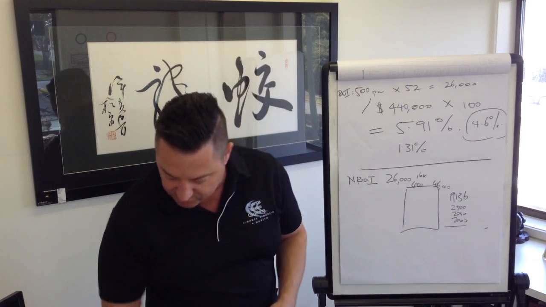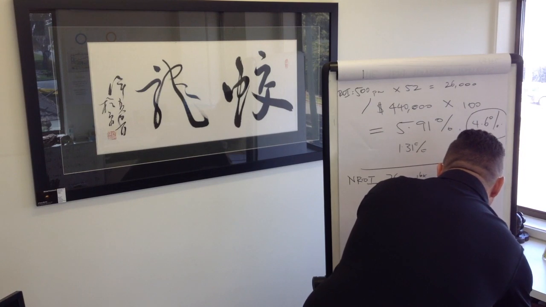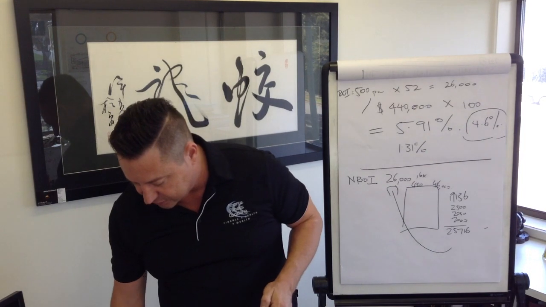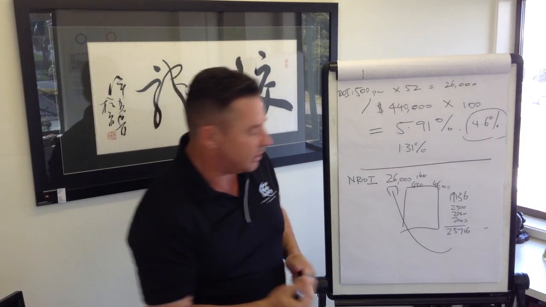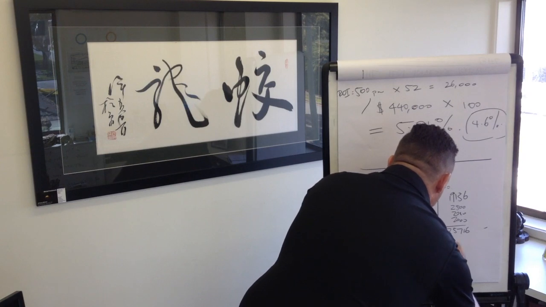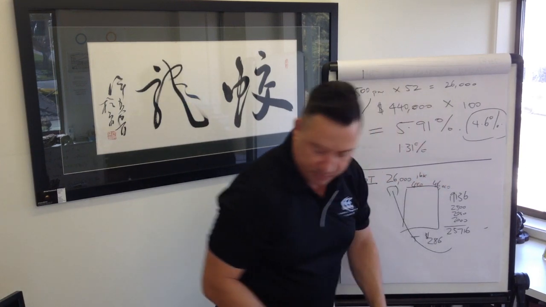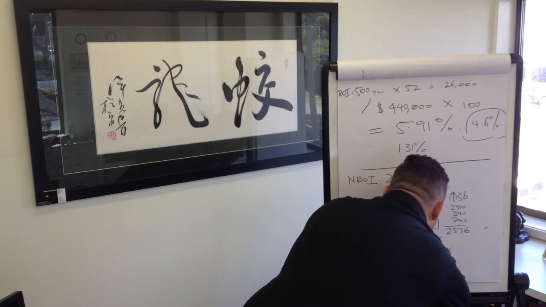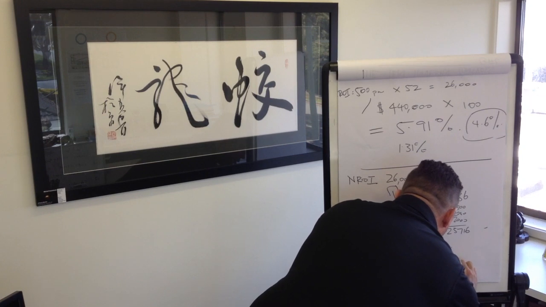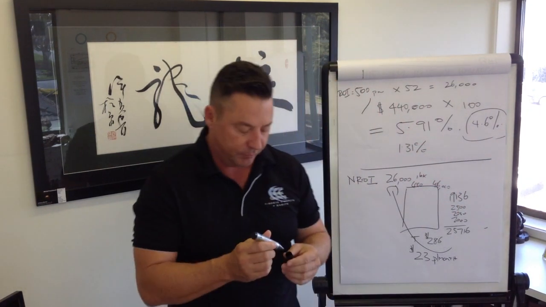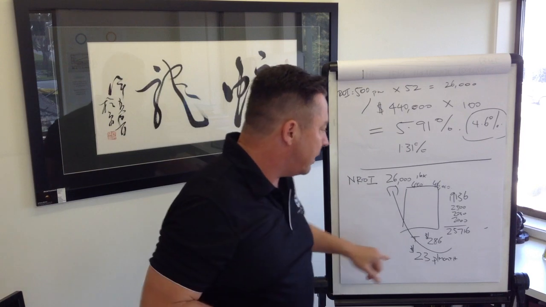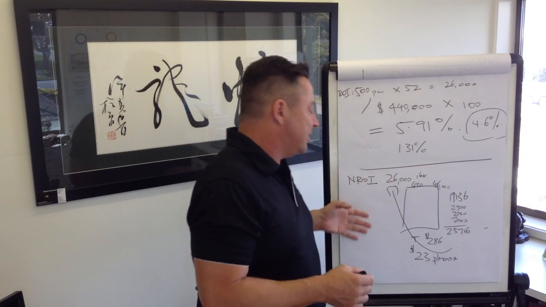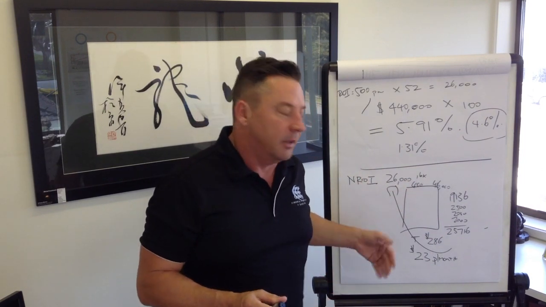So we're getting expenses of $25,716 less our $26,000 gives us a positive cash flow per annum of $286, divided by 12, $23 per month. Okay, so we would look at this number here, this $286, as our net return on investment after all expenses. Now, as you can see, it's not a huge number.